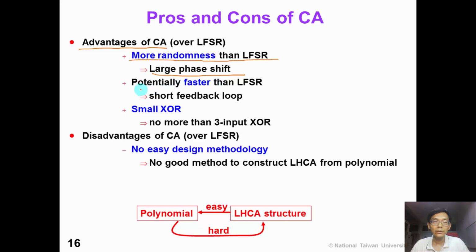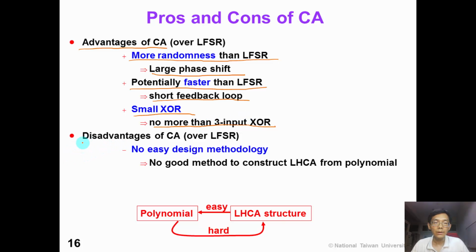The second advantage is that cellular automata is potentially faster than LHCA because it has only short feedback wires, no long feedback loops. The third advantage is that cellular automata only use small inclusive OR. We don't need more than 3 input inclusive OR.